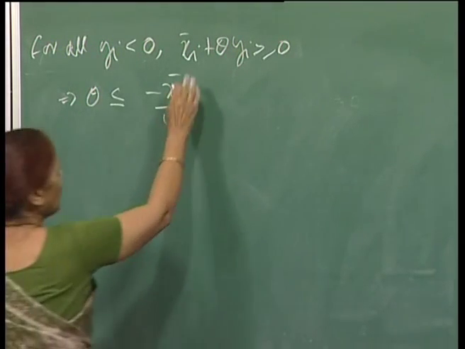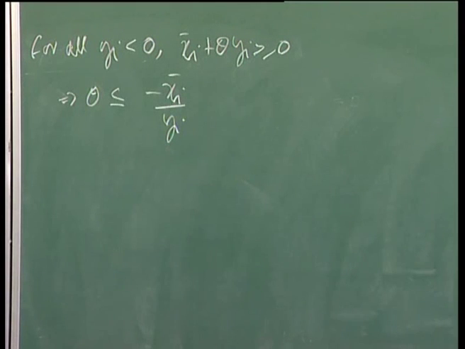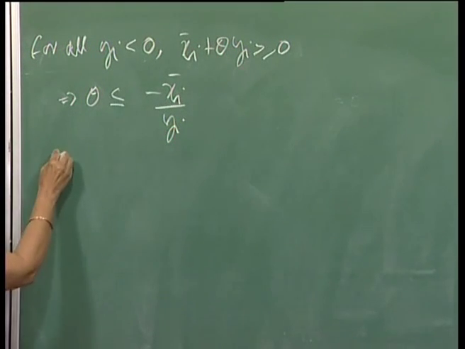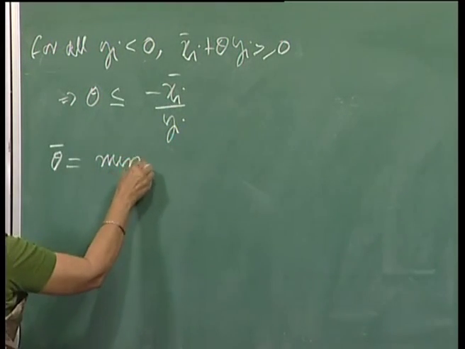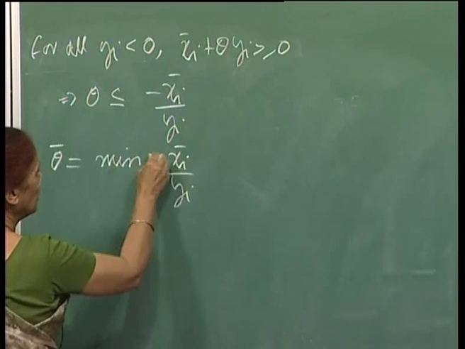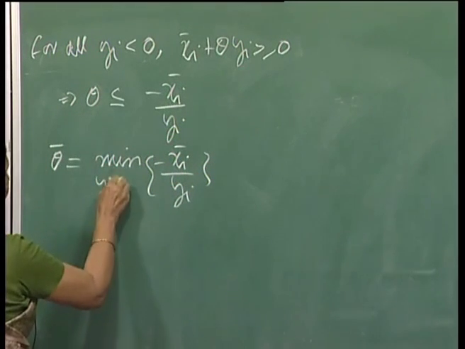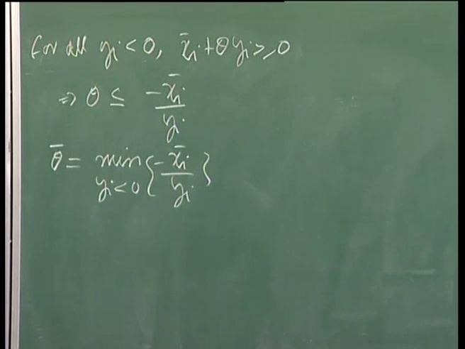In order that this number remains non-negative, I should have theta satisfy this condition, which means that if I choose theta upper bar as a number which is the minimum of minus xi bar upon yi, with yi less than 0, again now this is a positive number, right?